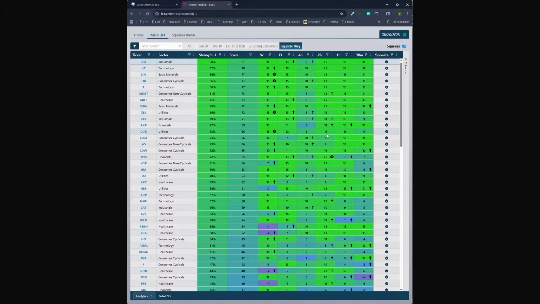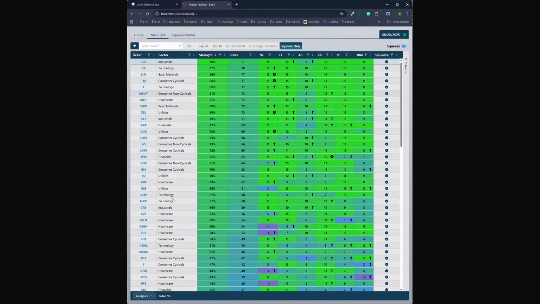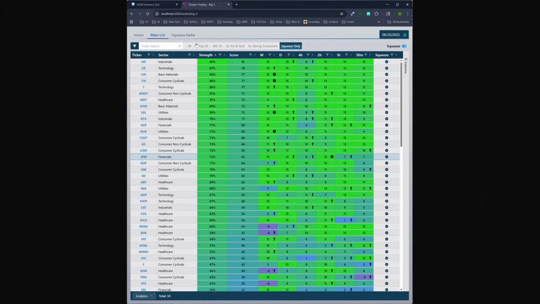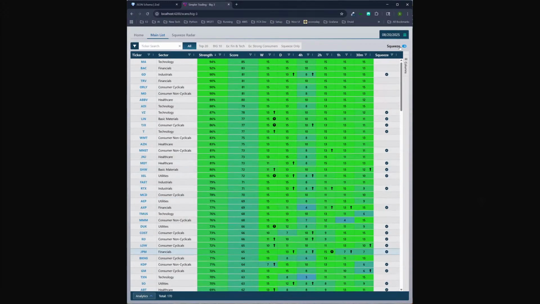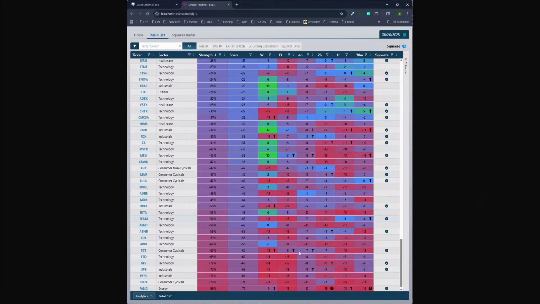So now you have visibility not only on all of the tickers that have a squeeze on, but you know exactly which time frames the squeeze is on and what type of squeeze it is, right? So again, very, very powerful. I can go back to all and keep the squeeze indicator on, and it's going to show me this across all of the stocks that I have visible.